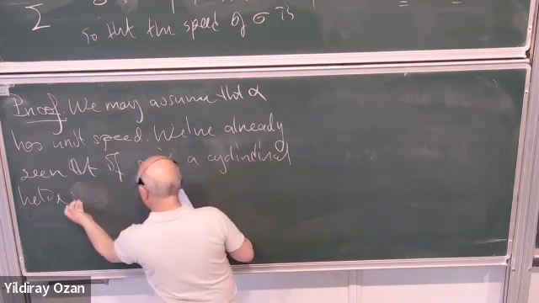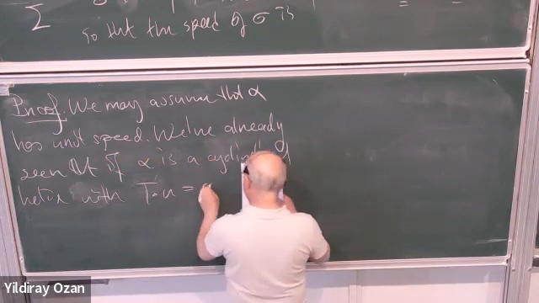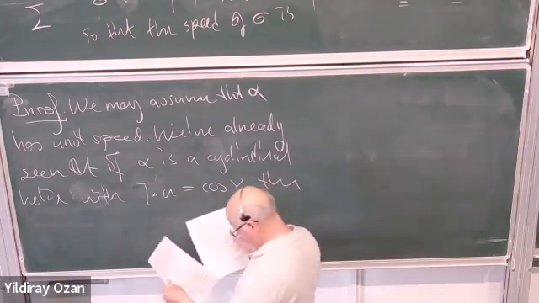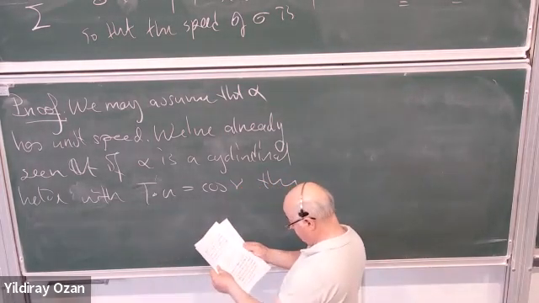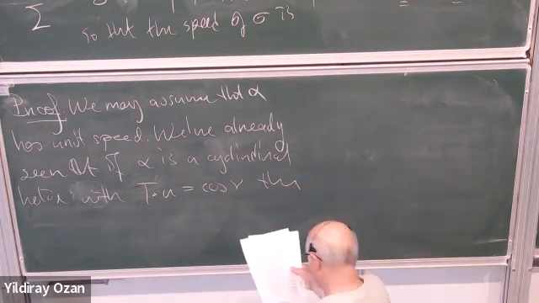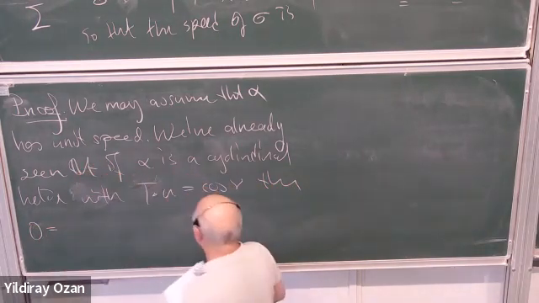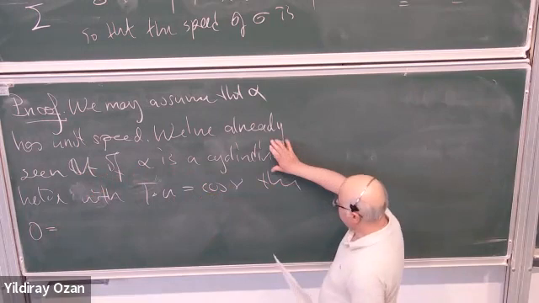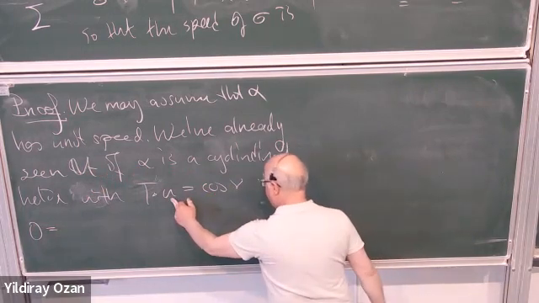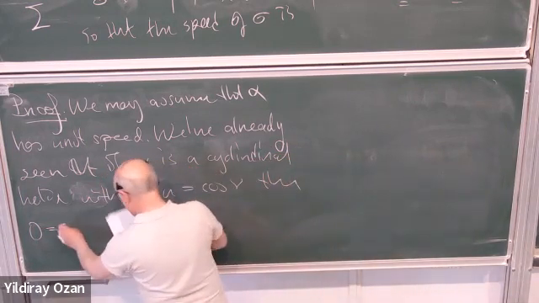Let me say, T dot U is cosine V. A cylindrical helix means this is constant for some fixed vector U and fixed angle V.